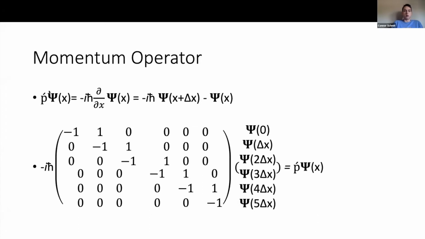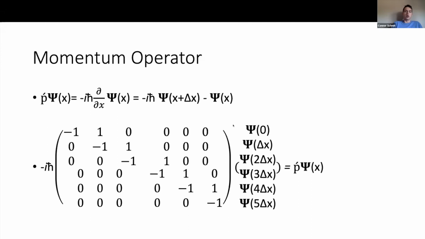So for the momentum operator, we have the momentum operator times the wave function of x, and so you'd have negative i h bar times a partial derivative with respect to x of the wave function of x, and that would work out to negative i times h bar times psi of x plus delta x minus psi of x. And then when you would do this in matrices, you'd have it in vector form.